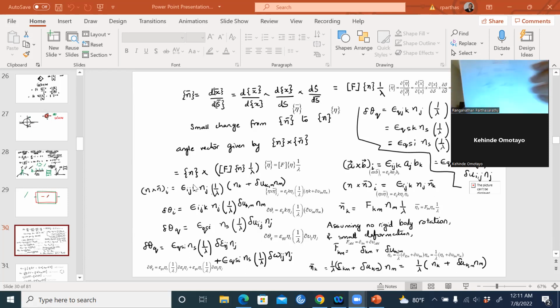So when you have two unit vectors, n is before deformation and n hat is after deformation, right? Then when you take n cross n hat, you are getting this angle alpha, which is the rotation.